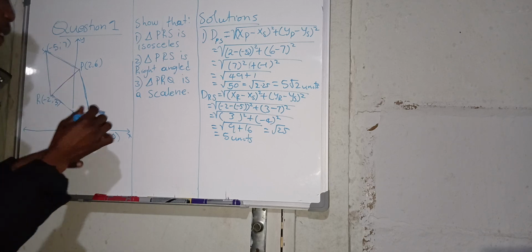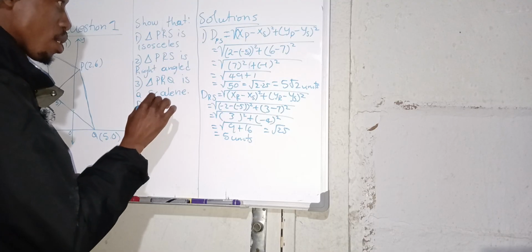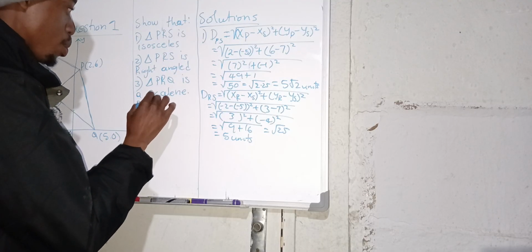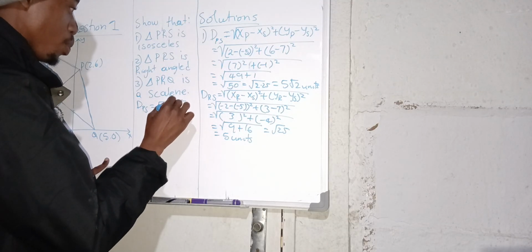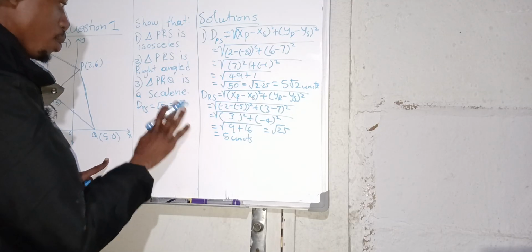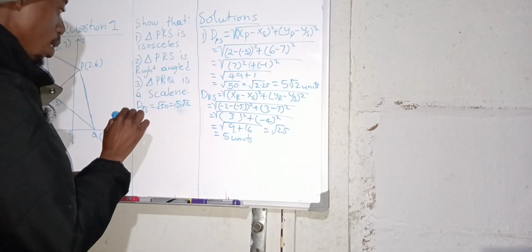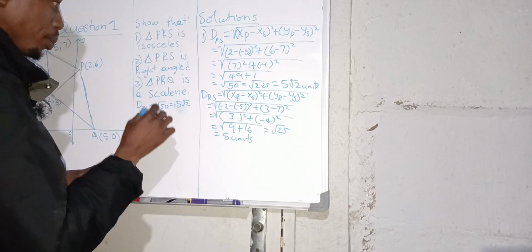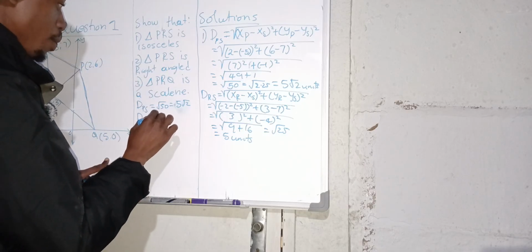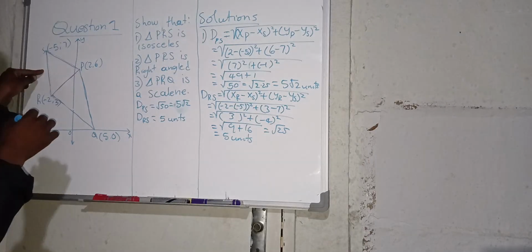Now I know that distance PS is the square root of 50, or 5 root 2, and distance RS is 5 units.